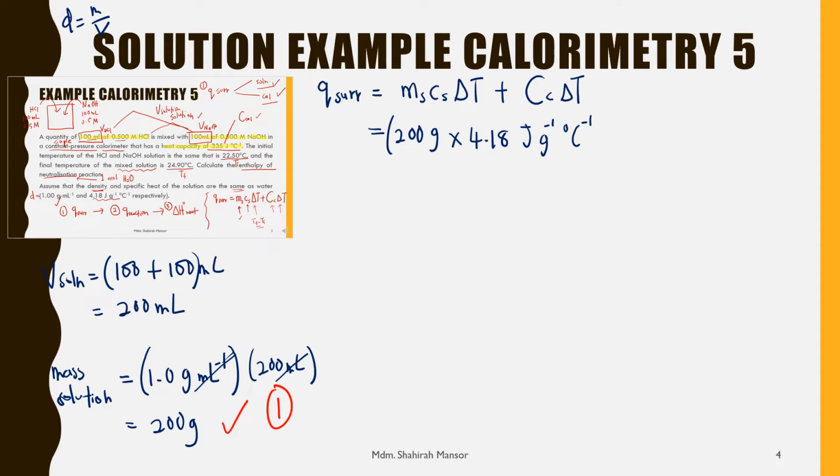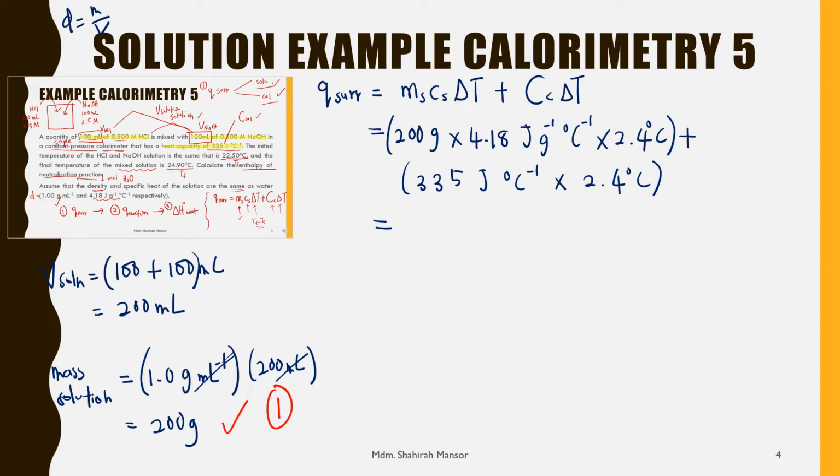Okay, 24.9 tolak 22.5. So you will get 2.4 degree Celsius. Tambah dengan capital C of the calorimeter just now is 335 joule per degree Celsius darab dengan 2.4 delta T. Okay, so you may calculate.